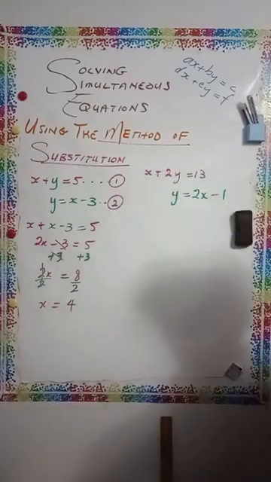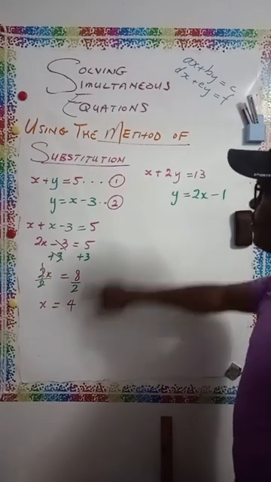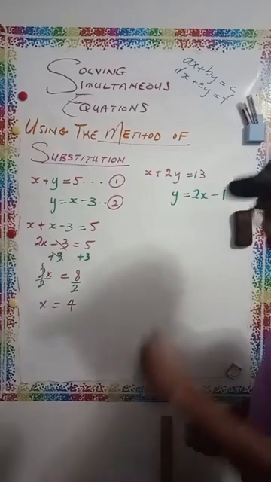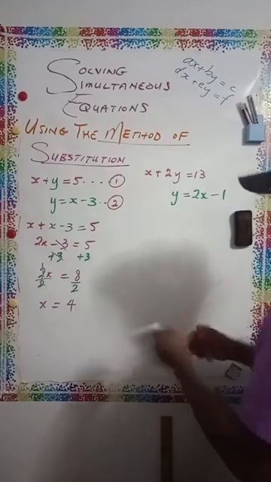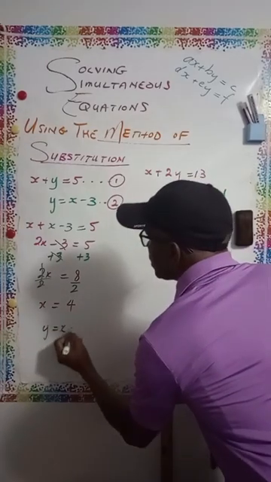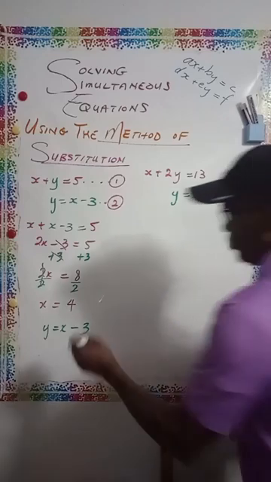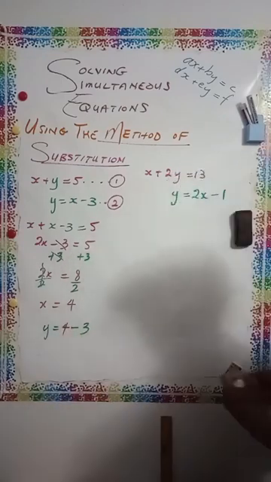Please note. And from there, you're going to take this 4 and substitute it into the simplest equation. The simplest one that I'm seeing here thus far is the one that's saying y is equal to. So that's equation 2. So in other words, equation 2 is what? y is equal to x minus 3. Well, what is x? x is 4, right?